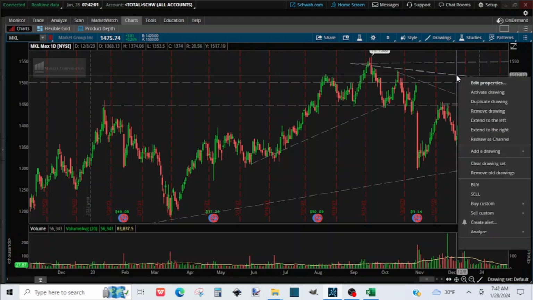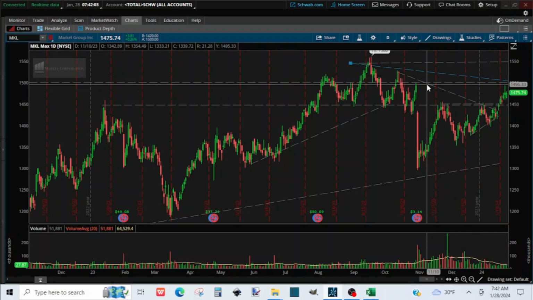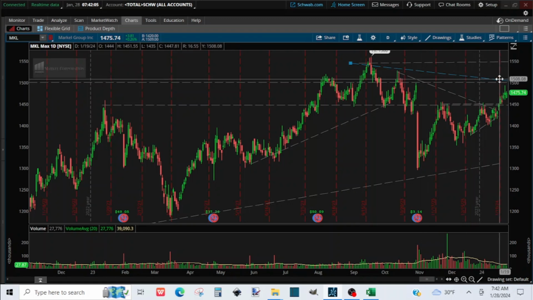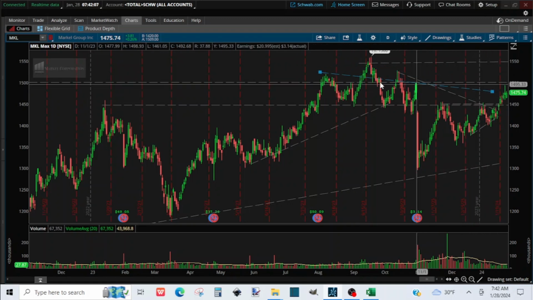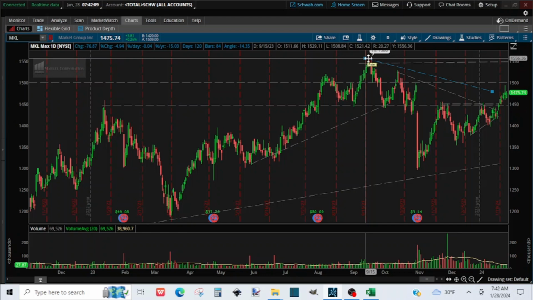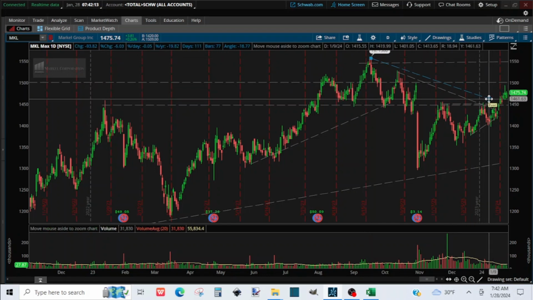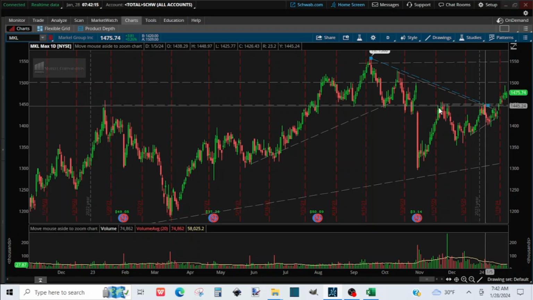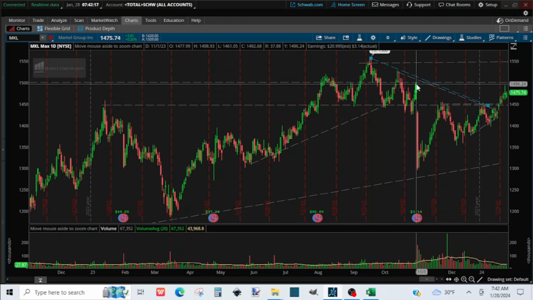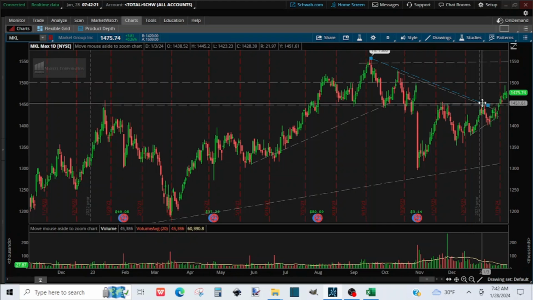This downtrend from that high peak, we can update it. It will touch those peaks. This peak is higher than this peak. This is higher than this peak, and then the downtrend stopped there.